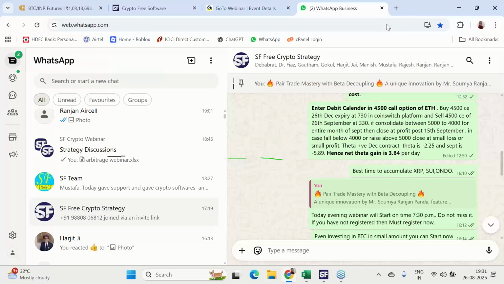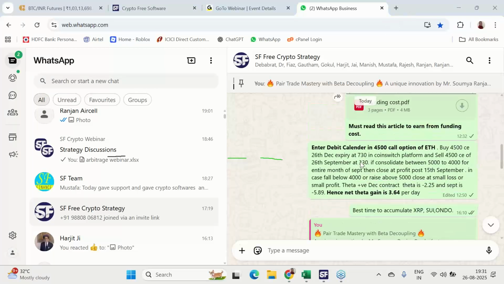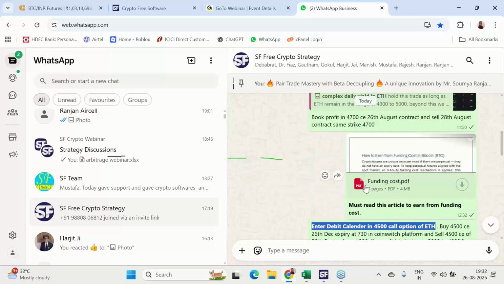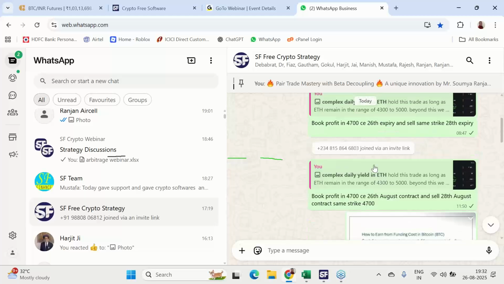So here, what are we doing in this particular group? I am suggesting certain quality coins to accumulate. I am giving you specific option strategies to do. I am giving you specific articles on how you can do some arbitrage type of trades and how you can harvest the funding cost.